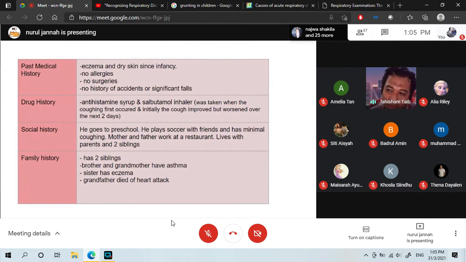If the examiner asks you a question about the history, it means you're not presenting adequately. So please voluntarily regurgitate that information. What I'm telling you here is important. You need to tell about whether there is any trigger in the environment, especially smoke.